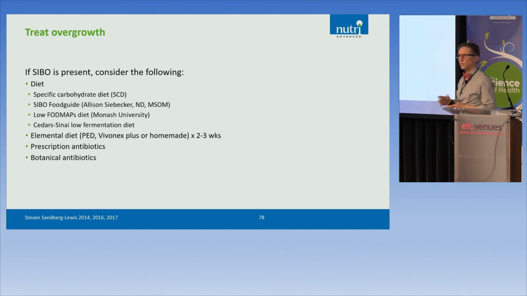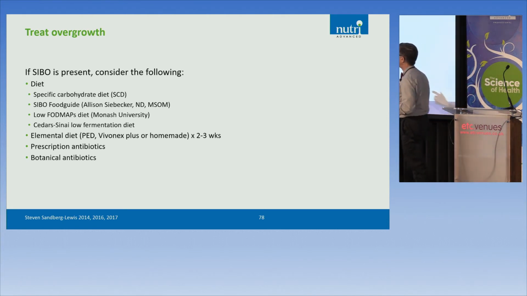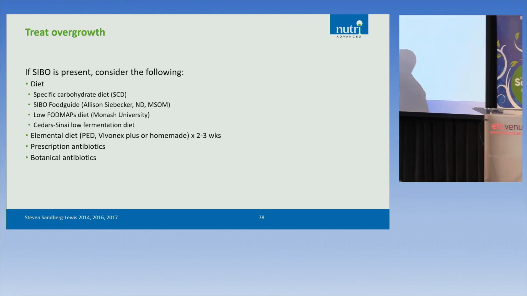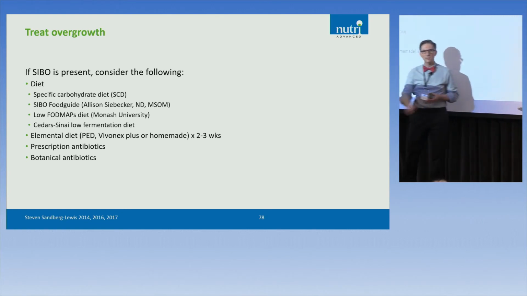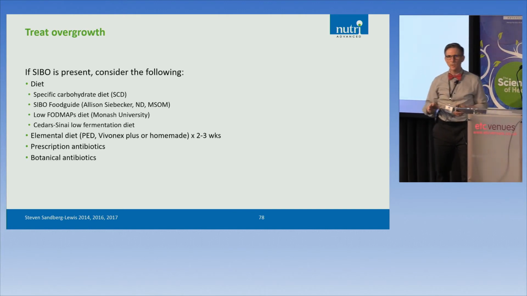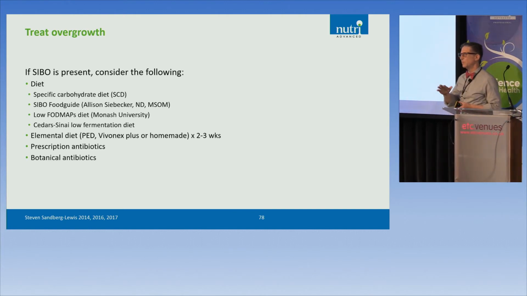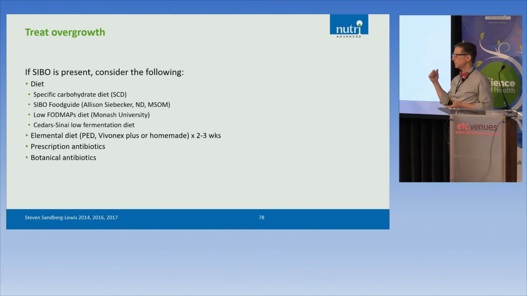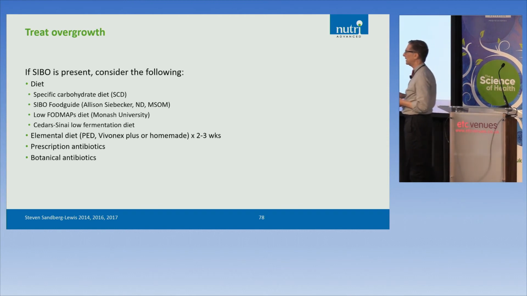Here's some general things I'll tell you about vegetarians and vegans in terms of these diets. This first diet, specific carbohydrate diet, don't do it. Unless they're an omnivore, they will lose way too much weight. Most of my patients, the majority of patients with this problem, are underweight. There are some people overweight, but we tend to see the underweight ones more.